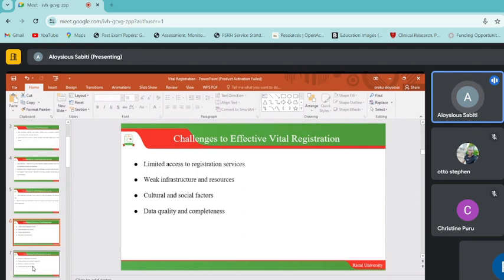But also we have individual biases, and these are some of the key challenges that may arise in vital registration. Socially, many people do not associate with giving their details. For example, it is known that ladies have biases in mentioning their ages, and these are some of the issues that may arise in vital registration.